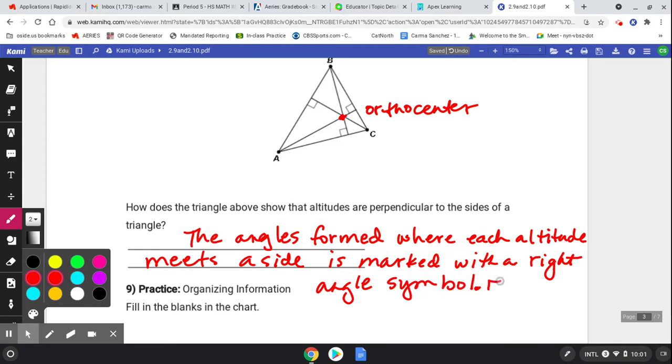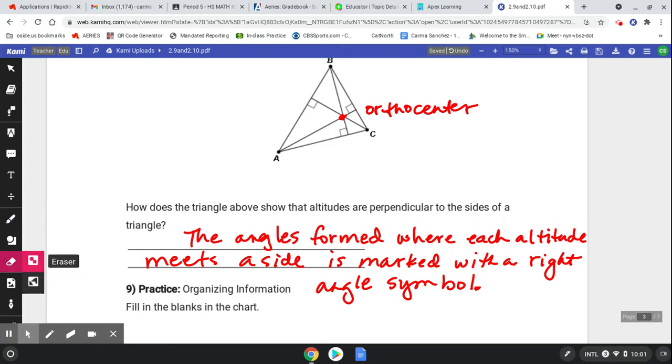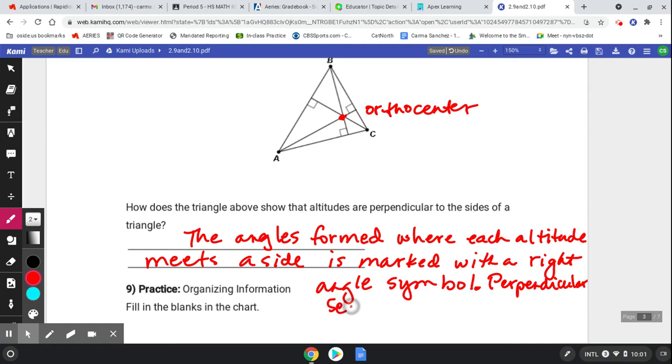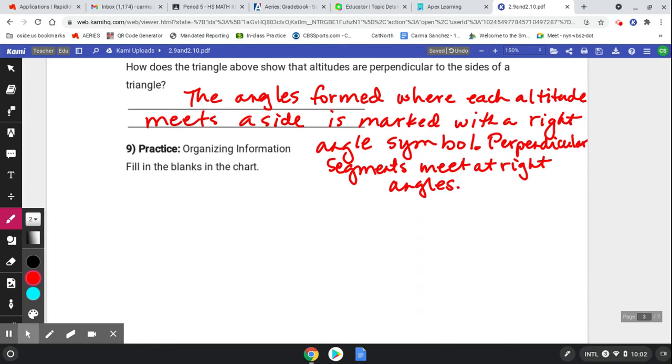That little square, right? And so perpendicular segments meet at right angles. And that's how we know.